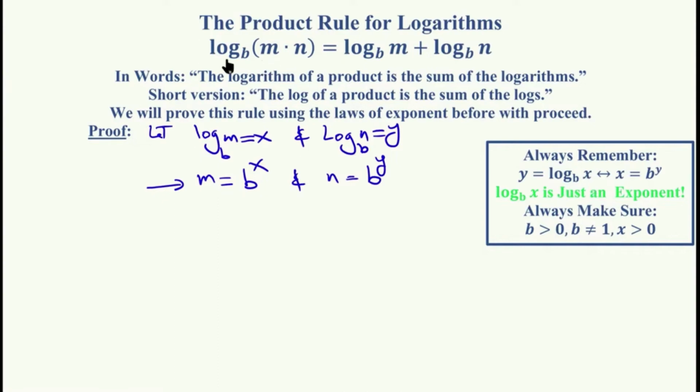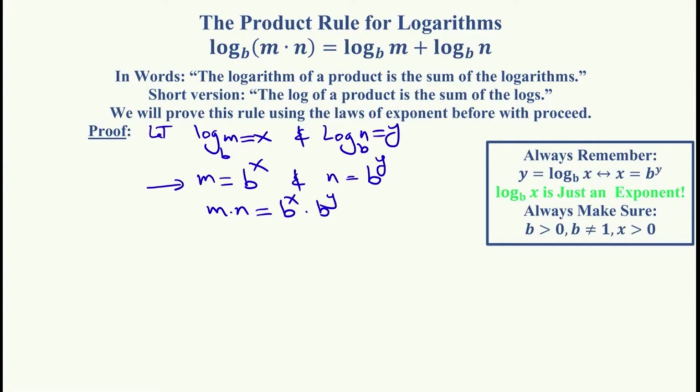Now, since I'm going to be proving something about the log of a product, it's good for me to know what that product looks like. So now we're going to go ahead and multiply m and n. So we get m times n equals b to the x times b to the y.